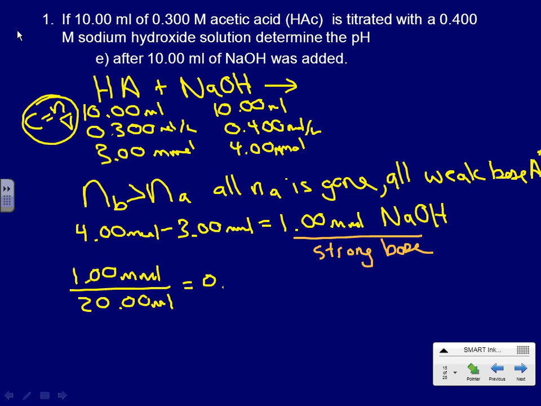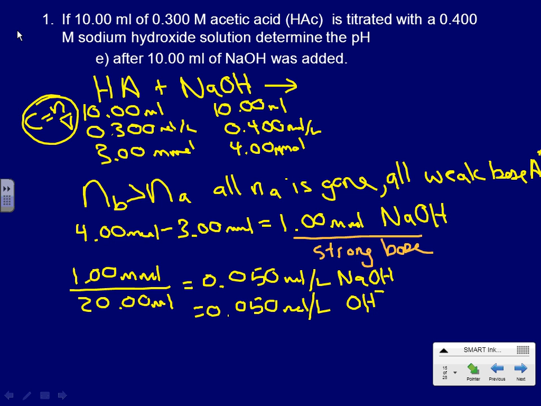If I do that, I get 0.050 moles per liter of NaOH, and therefore 0.050 moles per liter of pure OH minus. So this essentially is the OH minus concentration.